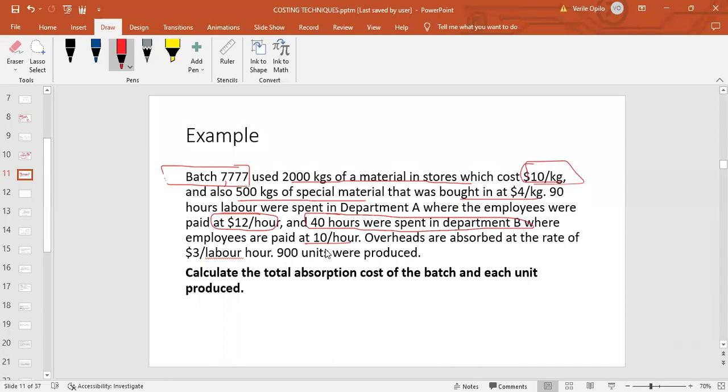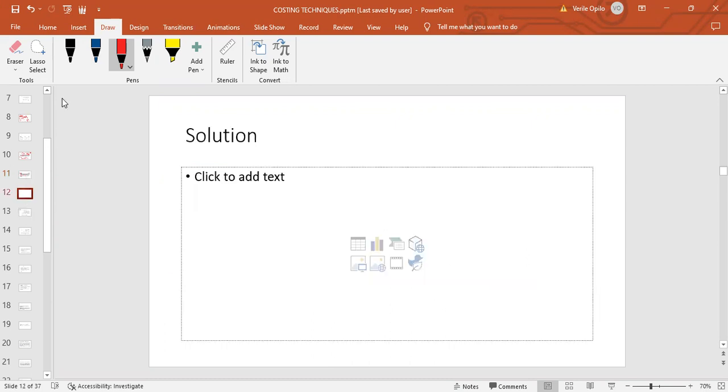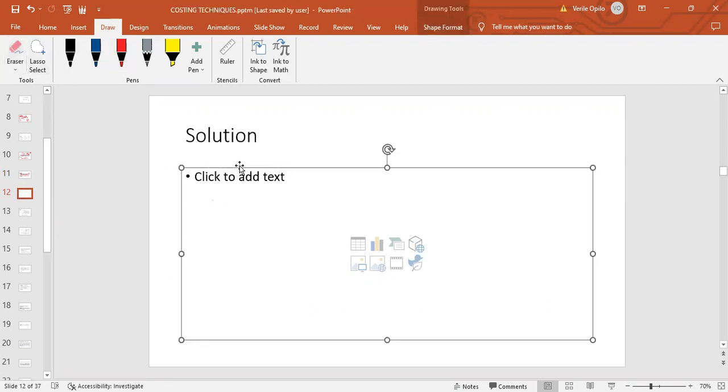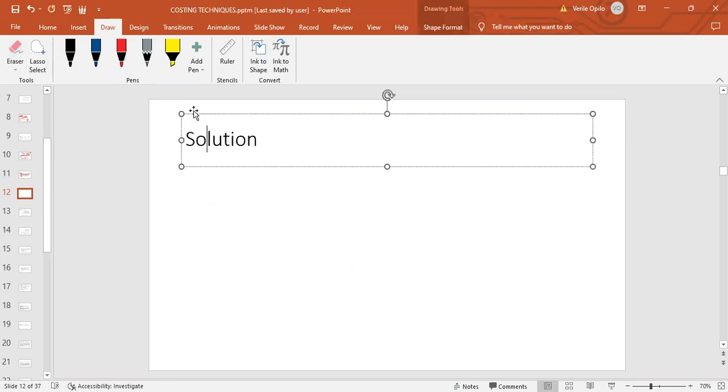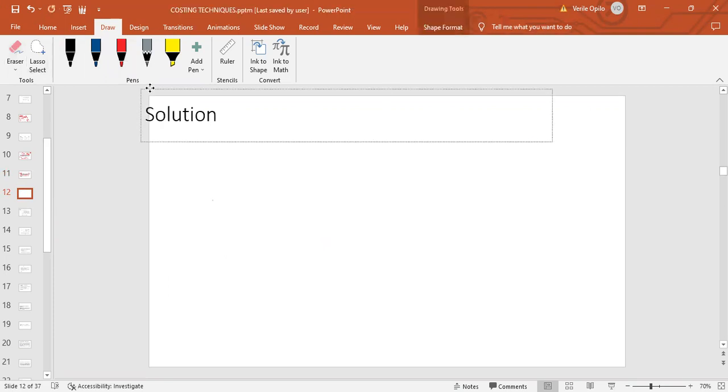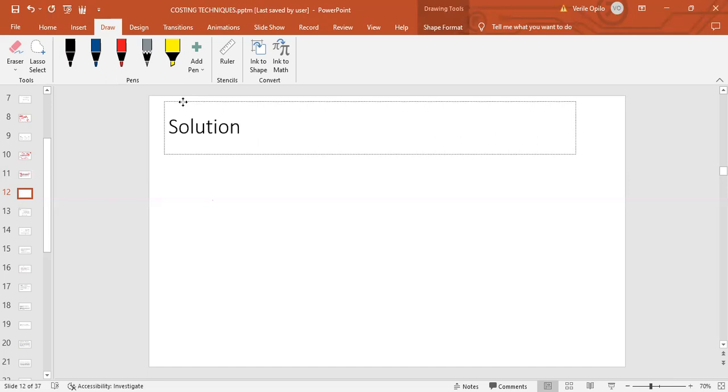From there we can compute the total absorption cost for the batch, and then the total cost per unit produced. We shall start off with the first one. Let's look at the question and find a solution to it.